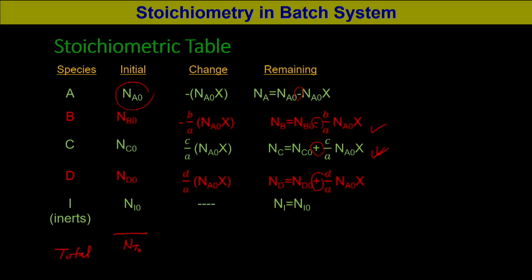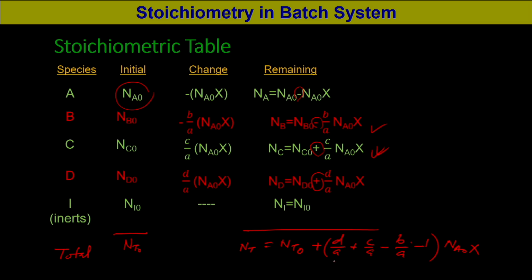Then we can obtain the remaining Nt from here. So, we can write Nt would be equal to Nt naught plus D by A plus C by A minus B by A minus 1, into Na naught X.